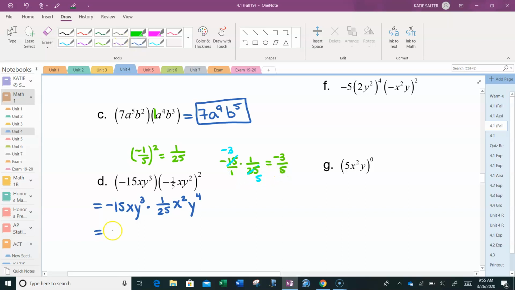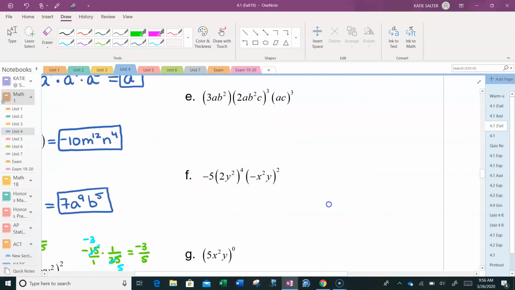So we get that this is -3/5. x to the 1st times x squared gives us x to the 3rd. And y cubed times y to the 4th is y to the 7th. And that would be our final product. All right, pause the video and go ahead and try E, F, and G.